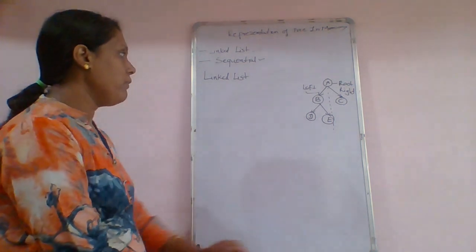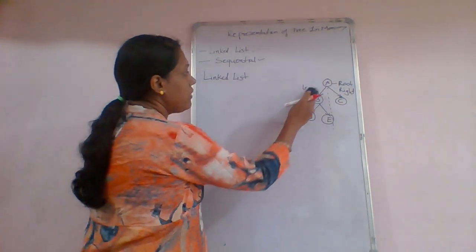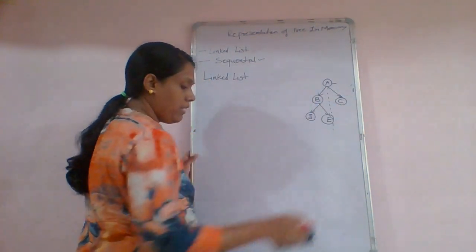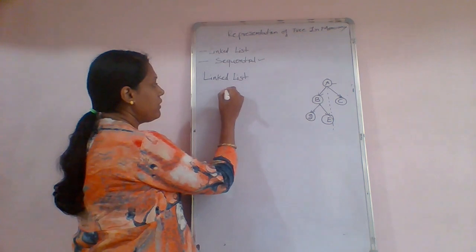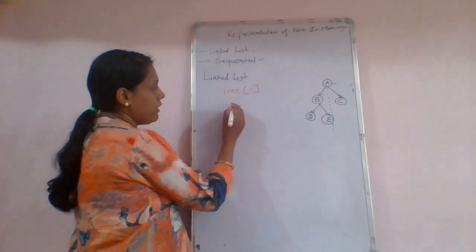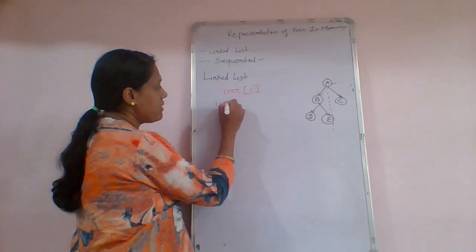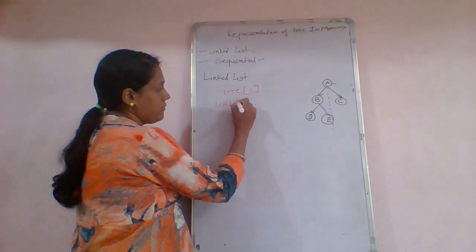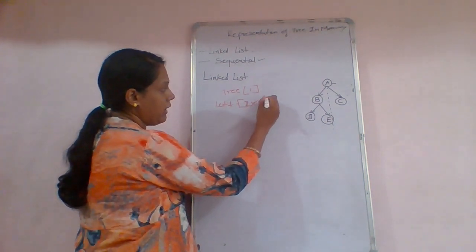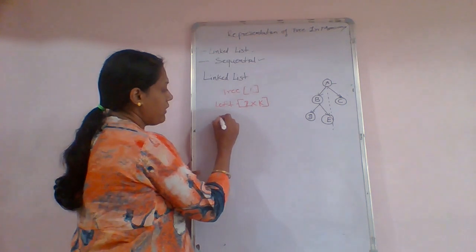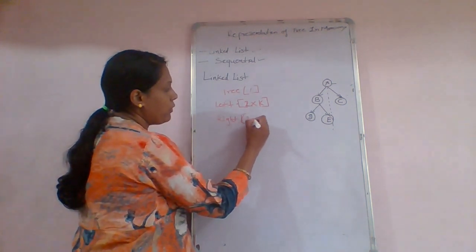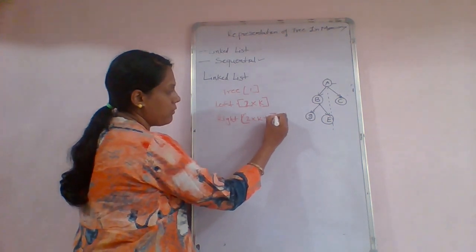Now when we consider the sequential tree data structure representation, at that time we have to consider the root at location 1. Then if it is a left subtree, the location is 2 into k, and for the right subtree, 2 into k plus 1.